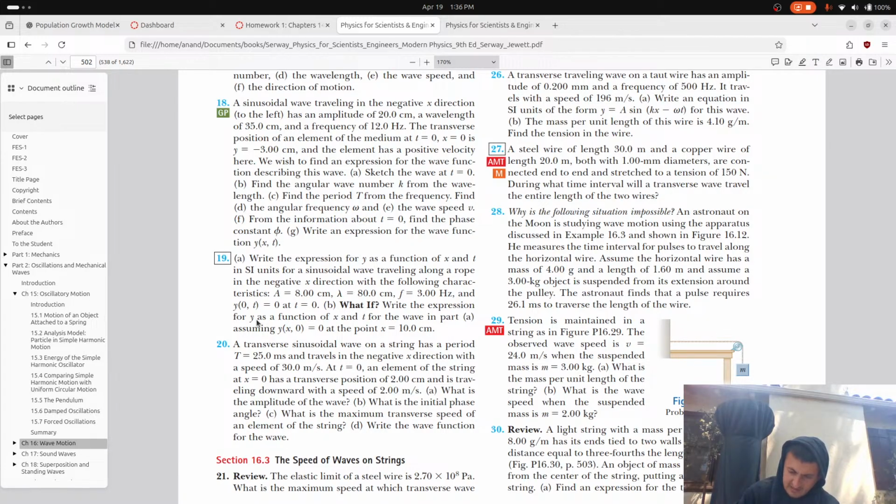So first off, k. V times period equals lambda. So V is equal to lambda over period, wavelength over period. Now, omega times T equals 2 pi, and k times lambda equals 2 pi.